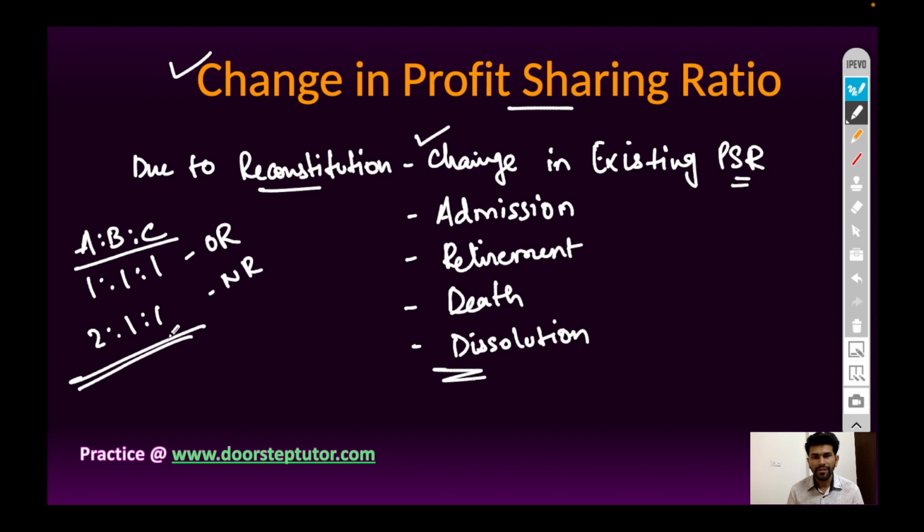Then it is a case of reconstitution. The existing profit sharing ratio is changed now. So old ratio was equal, 1 is to 1 is to 1, and new ratio is 2 is to 1 is to 1.